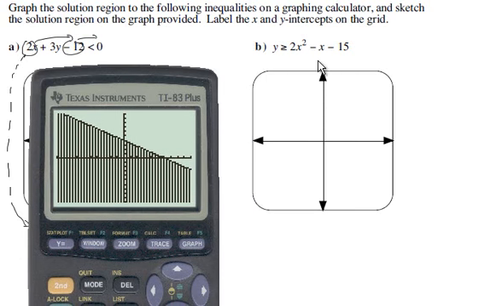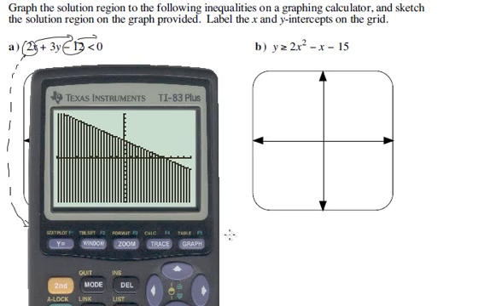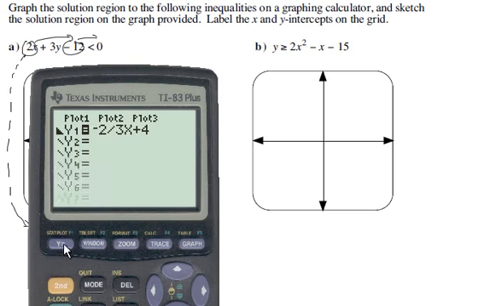Now, this one is a quadratic, so they've actually given that one to us in a decent form right away. So we can just go straight to the part where we key it in. We get 2x squared minus x minus 15.